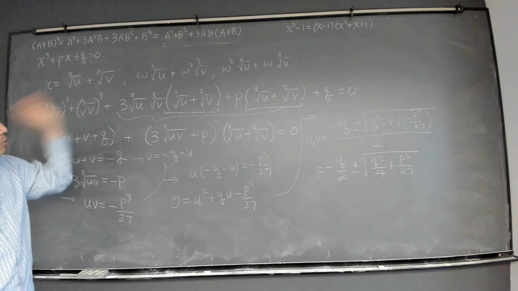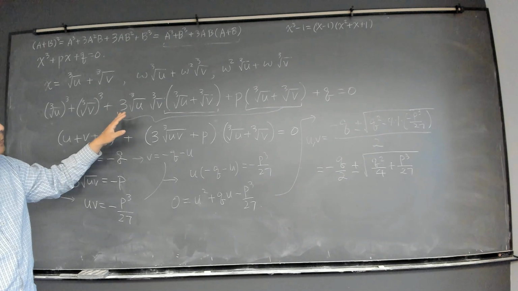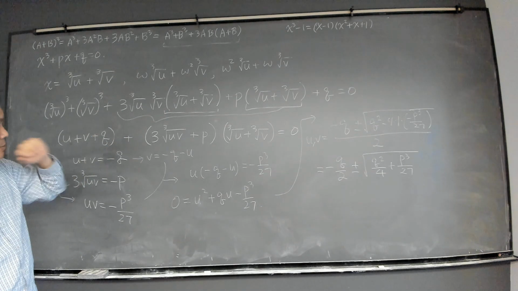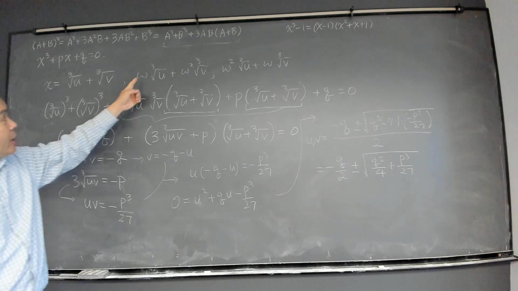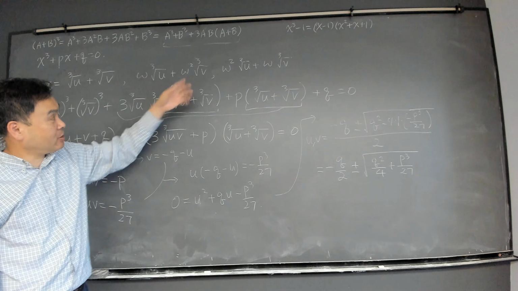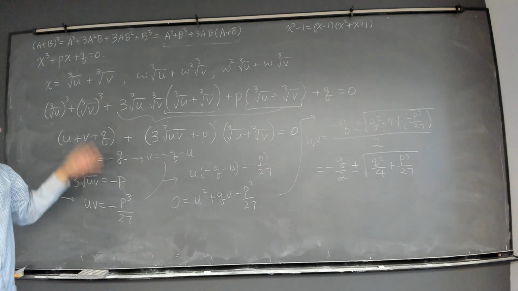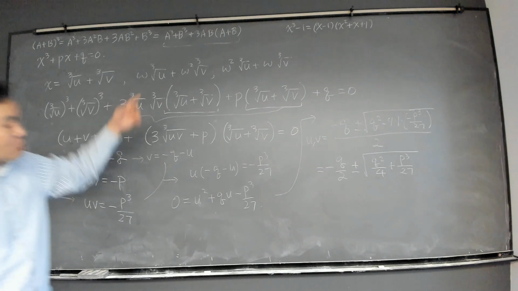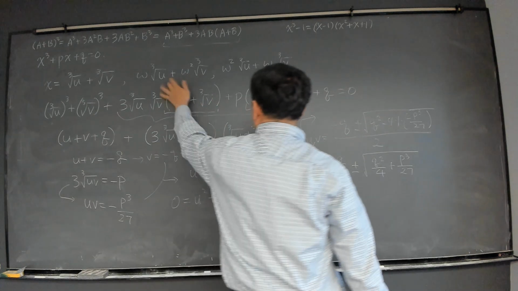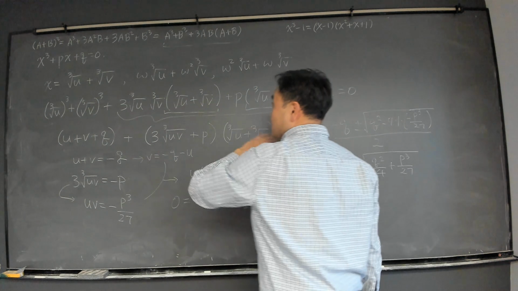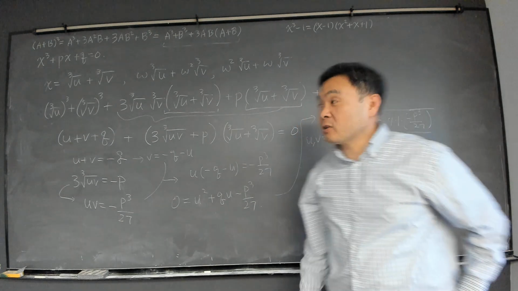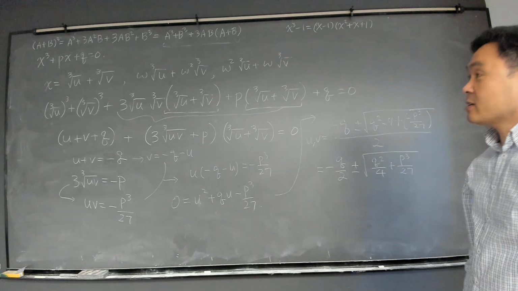So that's going to go away. So at the end of the day, having these omega and omega squared in the equation is not going to change any of these things. So that's why both of these are going to satisfy the same equation, and if these are all different, you get 3 solutions that way. Okay.